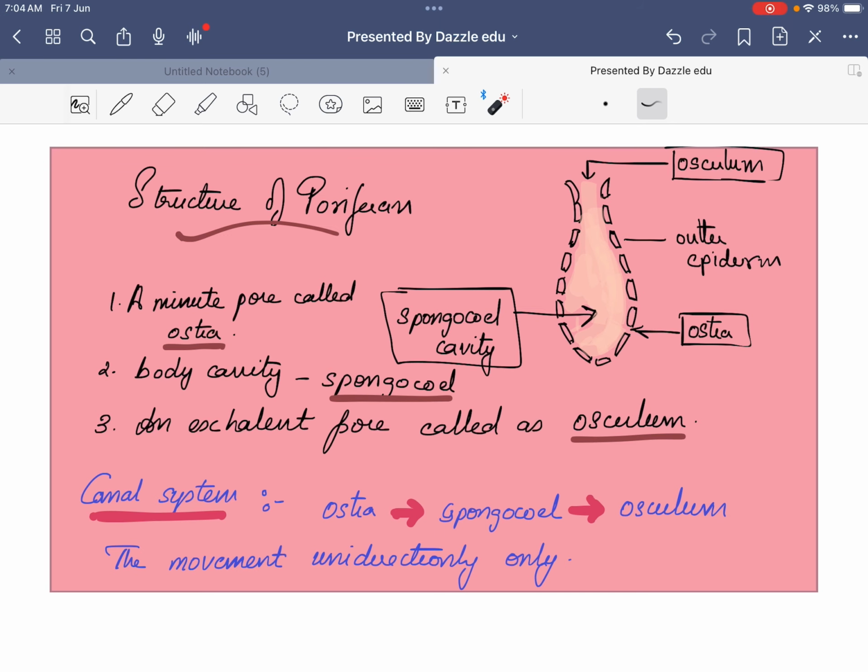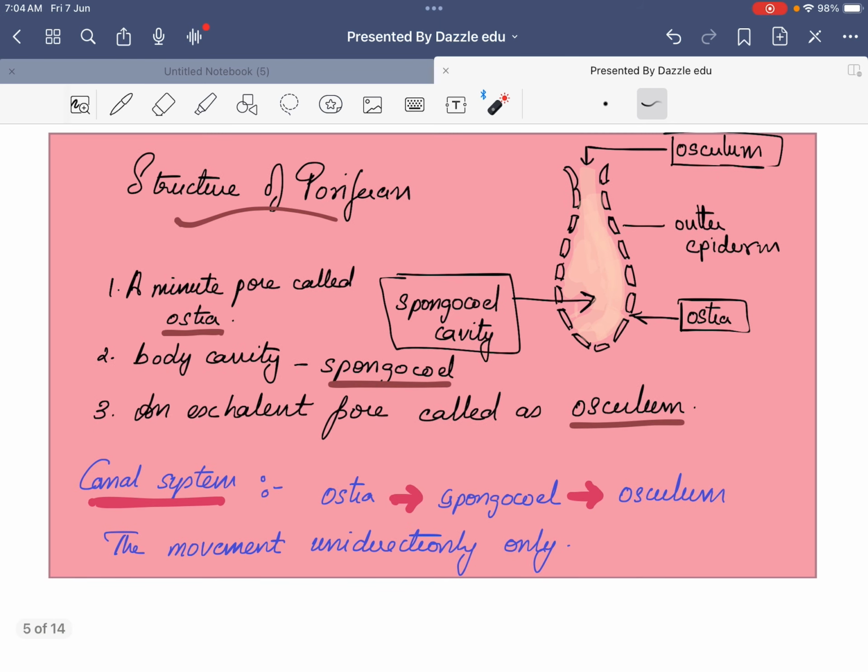They usually follow a canal system pattern for transferring material, the food, from the outer water environment to the inner body, and for the removal of waste products out of the body. The canal system begins with the tiny outer pores present on the body surface, known as the ostia.